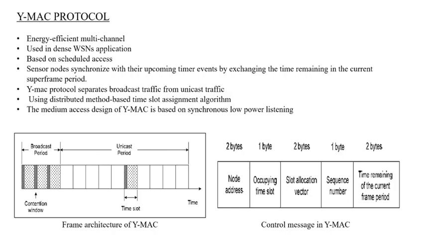The collection time must be greater than the control message interval so that it allows for the possible loss of control messages. Control messages, here we can see, consist of node address, occupying time slot, slot allocation vector, sequence number, and the information for time synchronization.